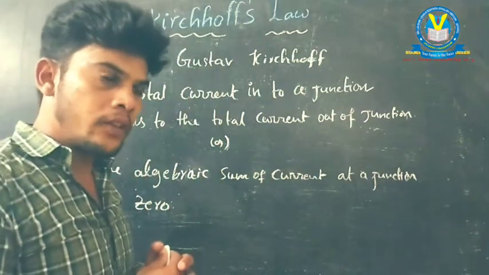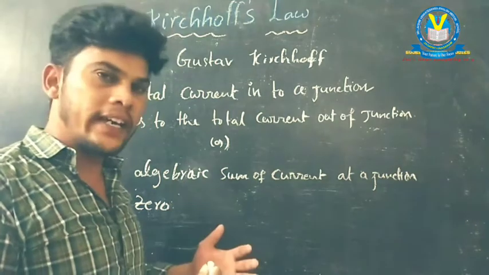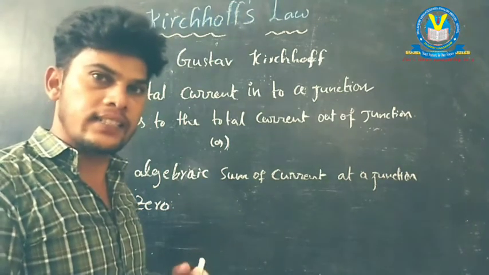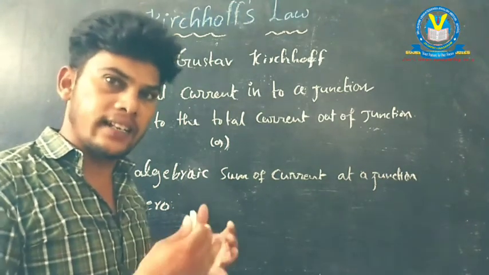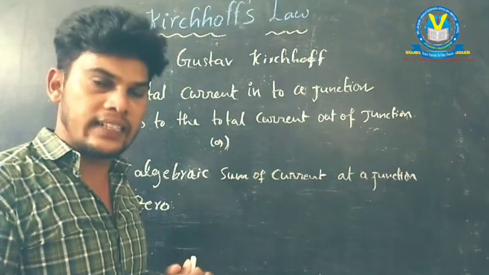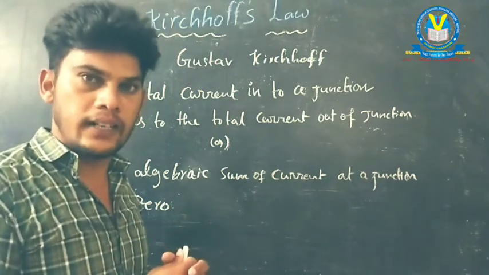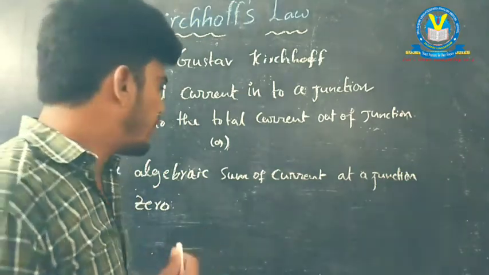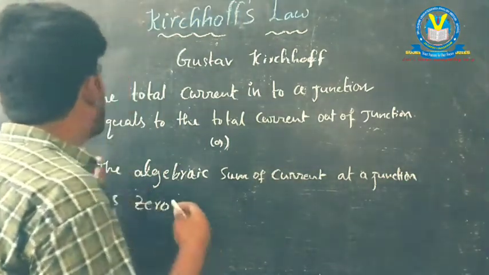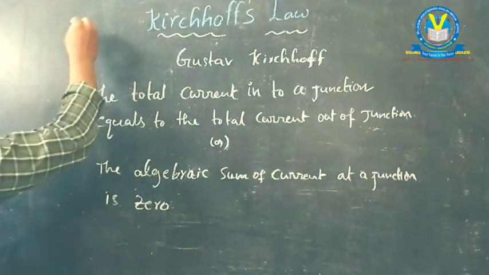According to Ohm's law, we can find voltage and current as well as resistance of any conductor when it is a single path or a single conductor. For example, to find out current, what is the formula we used?